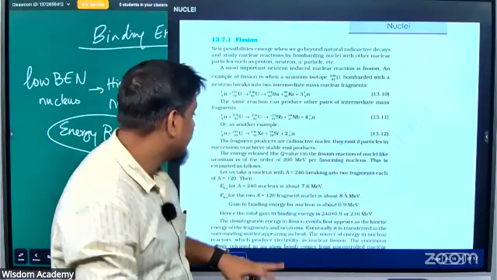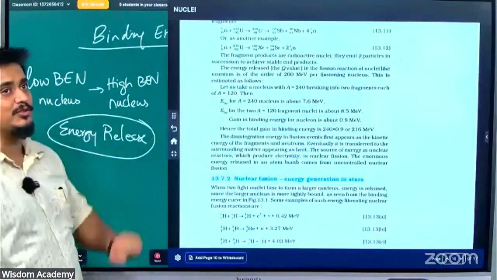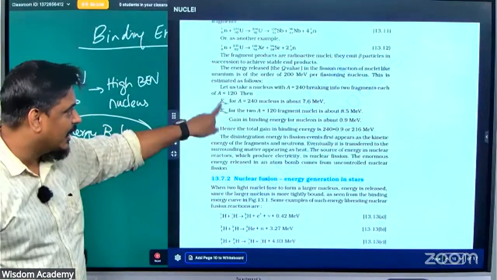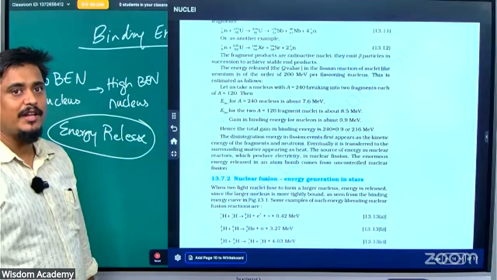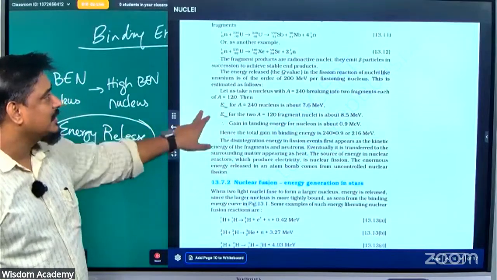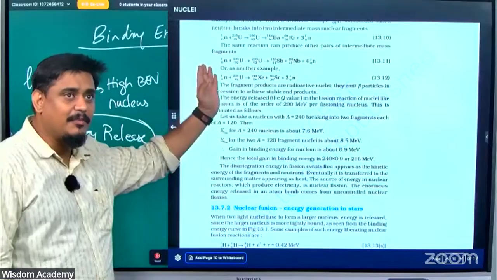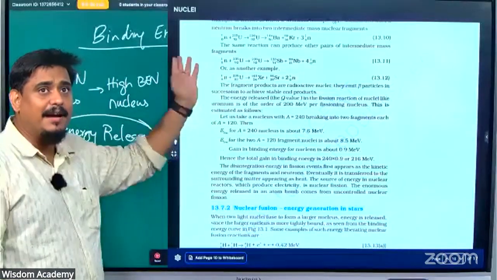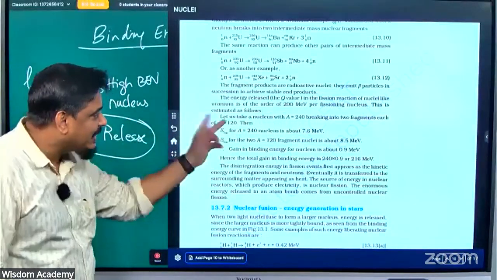Energy will keep on releasing. And you see, they have explained how the energy is released also. If you realize, you will understand here how the energy is released. So energy is released because binding energy is different in the product and reactant side. Subtracting those, you will get it.